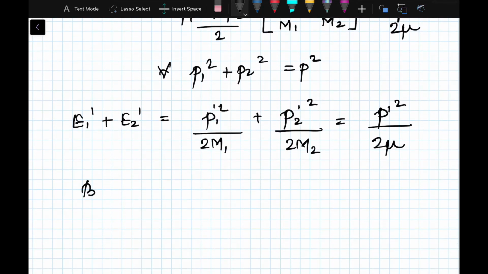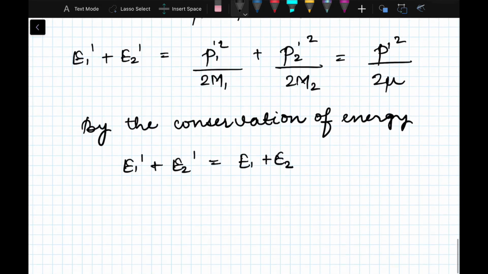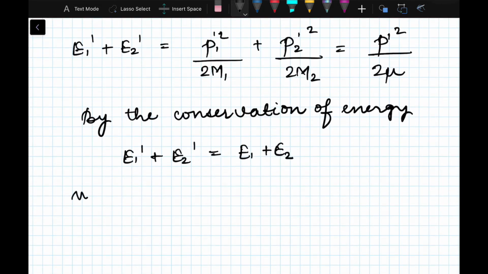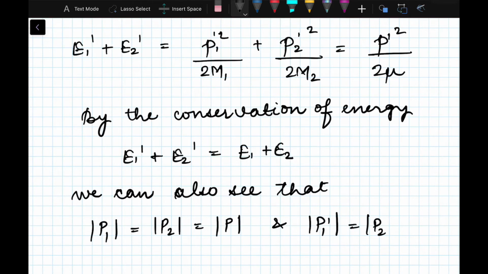Now, by the conservation of energy, we can say that E1 prime plus E2 prime is equal to E1 plus E2, and we can also see that the magnitude of P1 is equal to the magnitude of P2. Let us say it is magnitude of P, and the magnitude of P1 primed is equal to the magnitude of P2 primed, which is, let us say, magnitude of P primed.